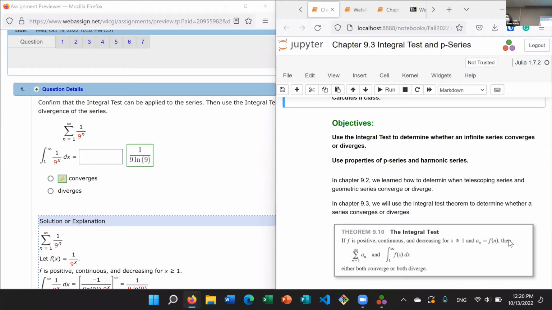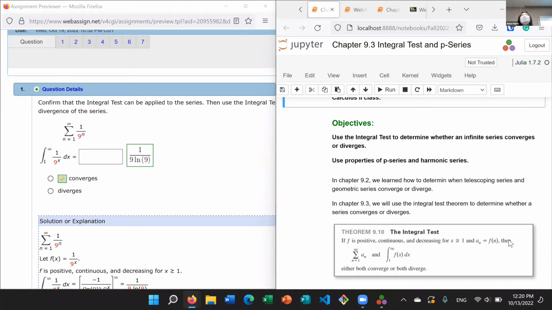I know a geometric series converges if the absolute value of R is less than 1. I know telescoping series converge. But what about other infinite series that you don't know whether they converge or not? You gotta have some kind of test. So what's the test we're gonna learn? Integral test. Are you with me, class?